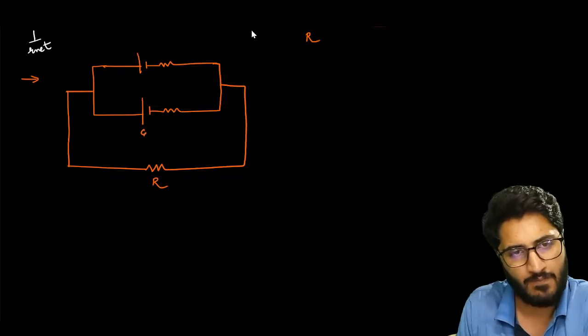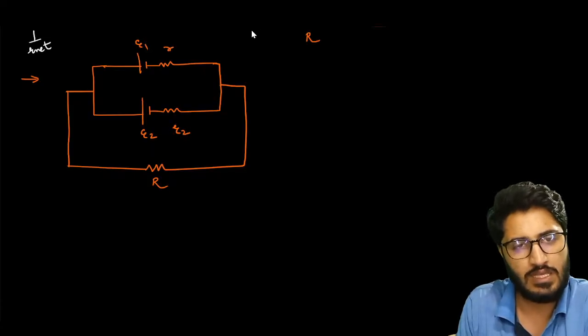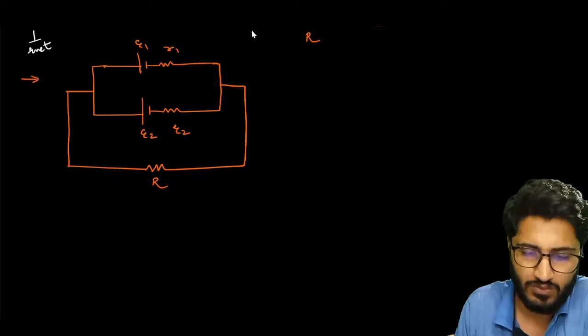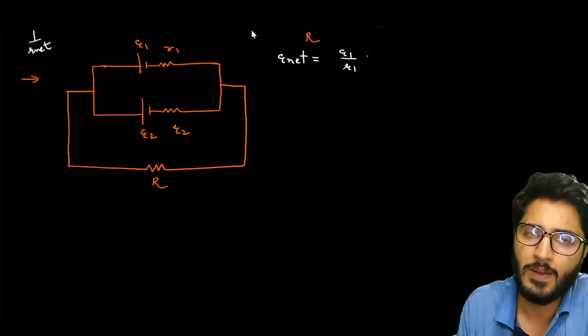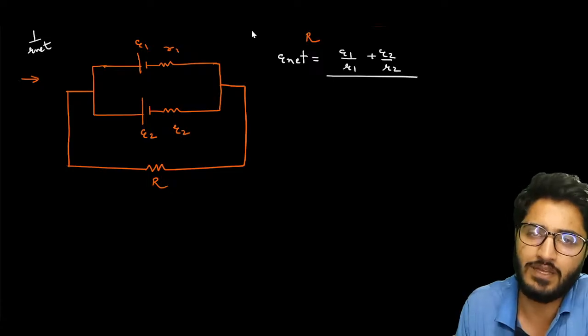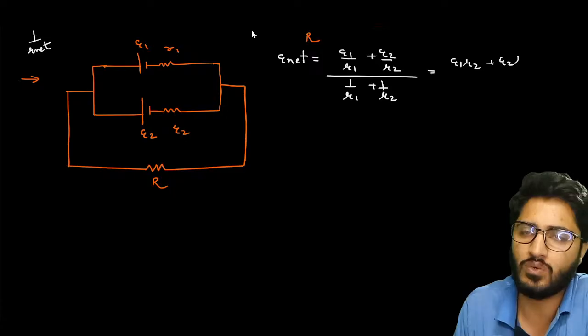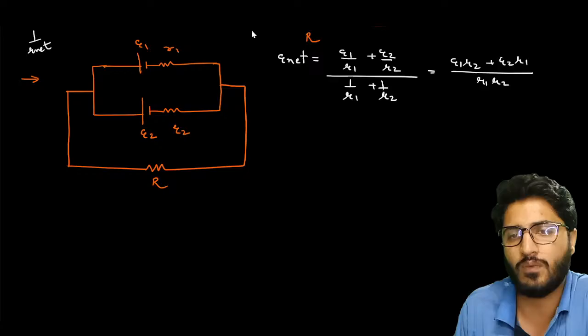E2 R2, E1 R1. Okay. So how will you write E net now? Sir, E1 by R1 plus E2 by R2, whole divided by 1 by R1 plus 1 by R2. So I will write E1 R2 plus E2 R1, whole divided by R1 R2.